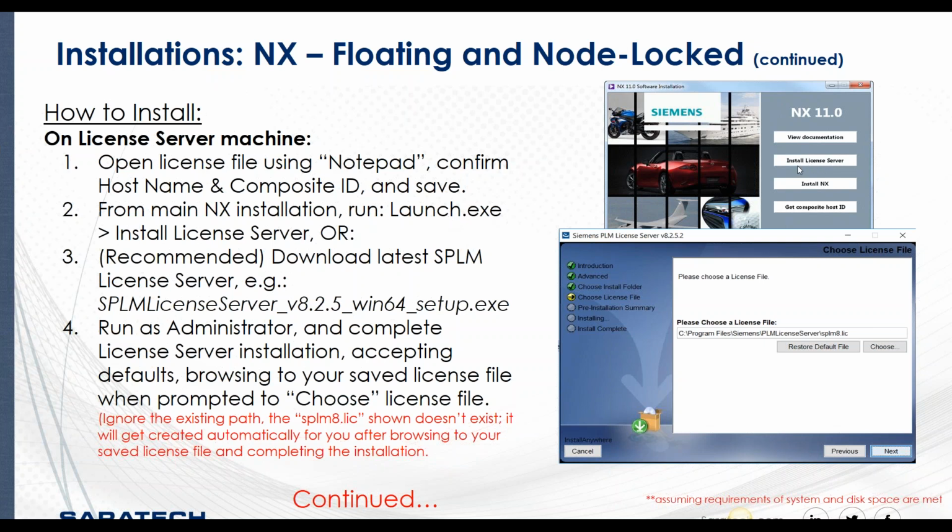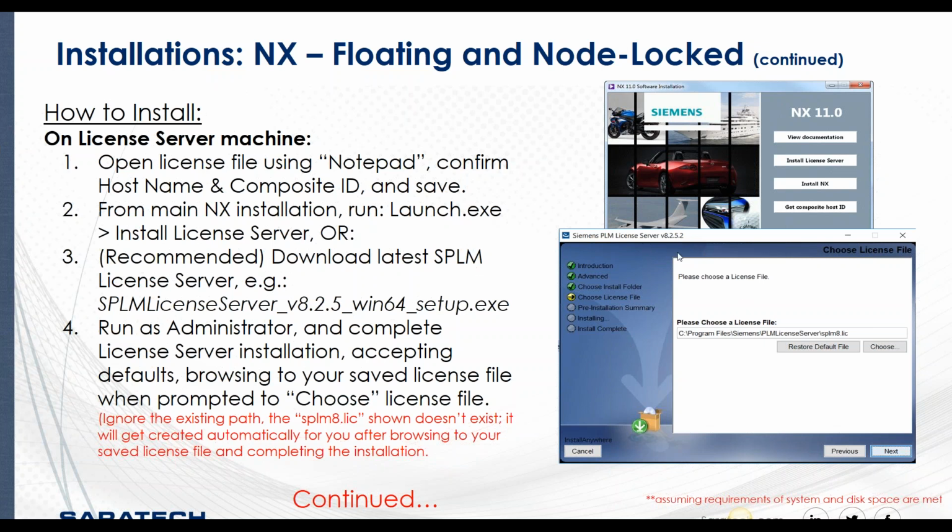What we highly recommend is that since NX uses its own SPLM license server, it's always best to have the most updated version. The one that I most recently know, it's October 5th right now, but the updated one is probably going to change later. The one that I know is most updated is 8.2.5.2.